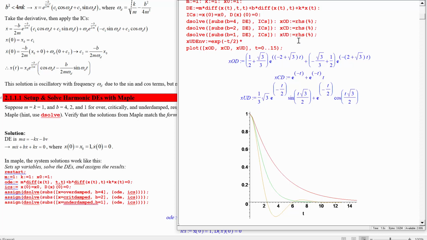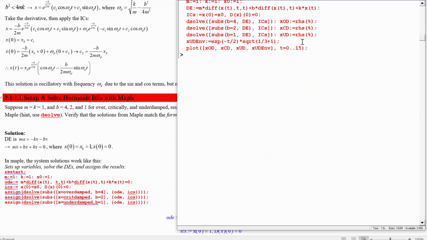So that is the square root of 1 over root 3, but all squared. In other words, 1 over 3, and 1 squared, the amplitude of this second thing squared. Okay, so that should be the envelope function, and let's plot that as well. Let's see if it works.